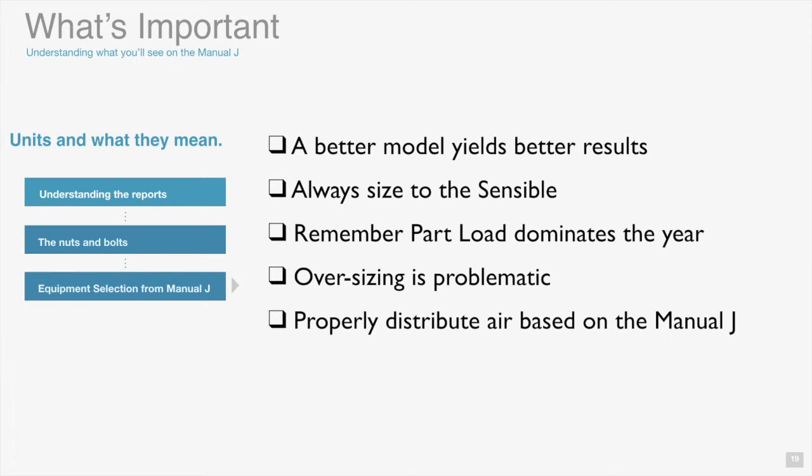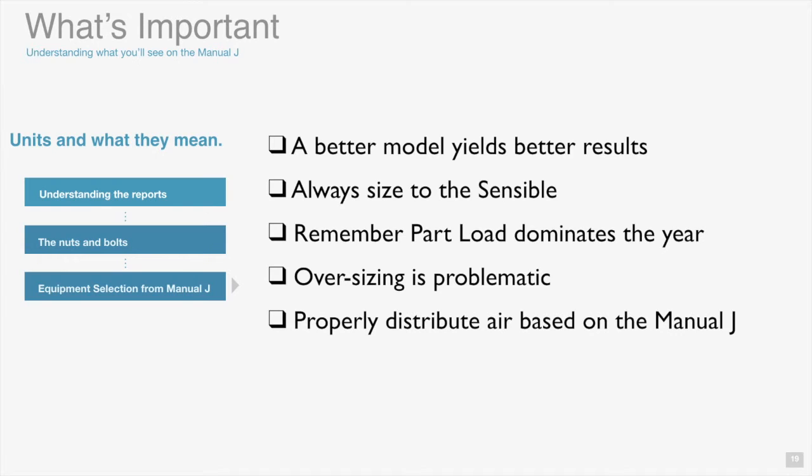We have builders out here in Austin that we work with regularly that will go out to the houses that they've built in the middle of the summer on the hottest days and check to see if their air conditioners are running 100% of an hour. And they should be. That's how you know you've sized your unit right.